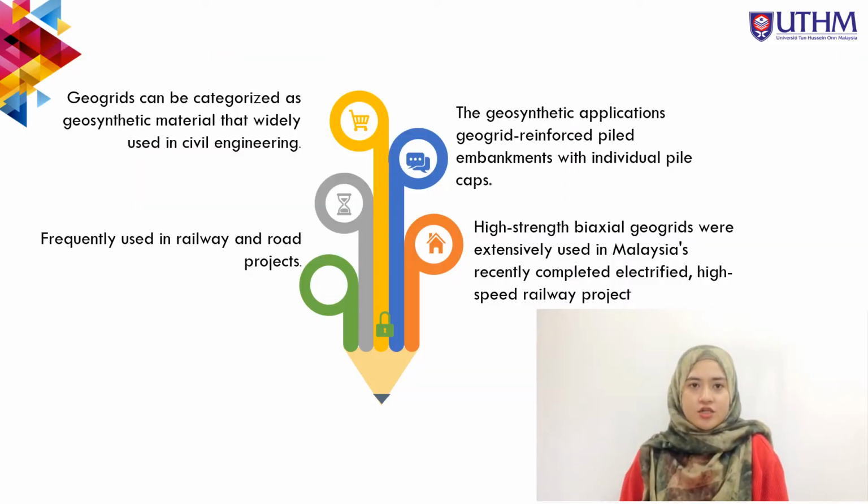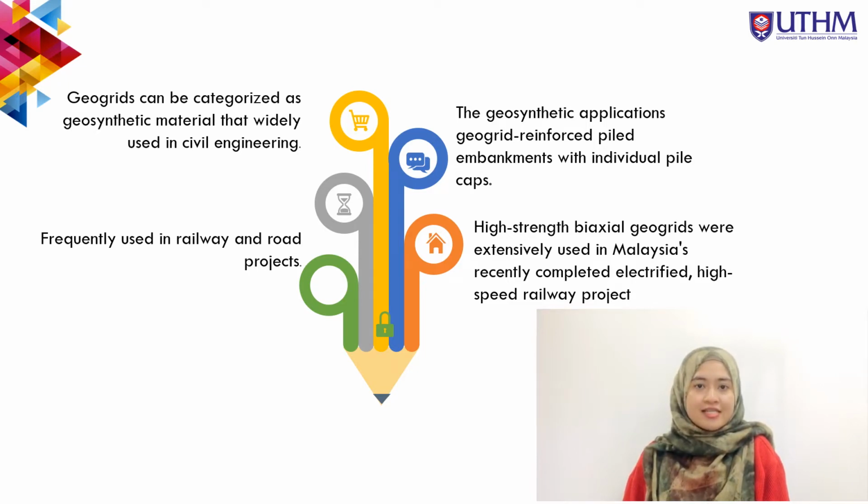Introduction. Geogrid can be categorized as geosynthetic material that is widely used in civil engineering infrastructure projects, for example, ground improvement in railways. Geosynthetic materials are frequently used in railway and road projects where ground improvement is needed due to the existence of soft clays, loose sand, and high embankment.